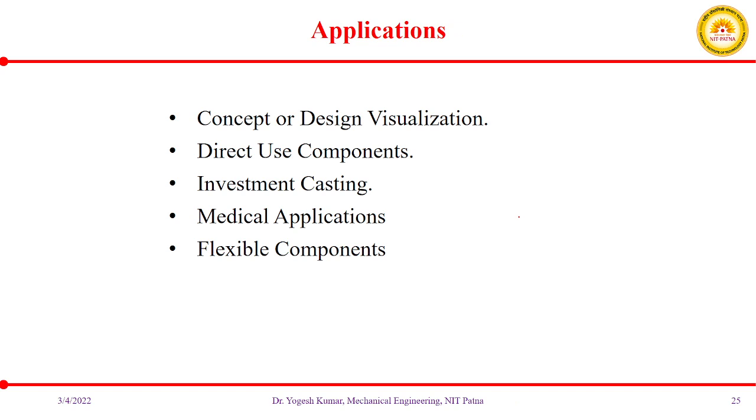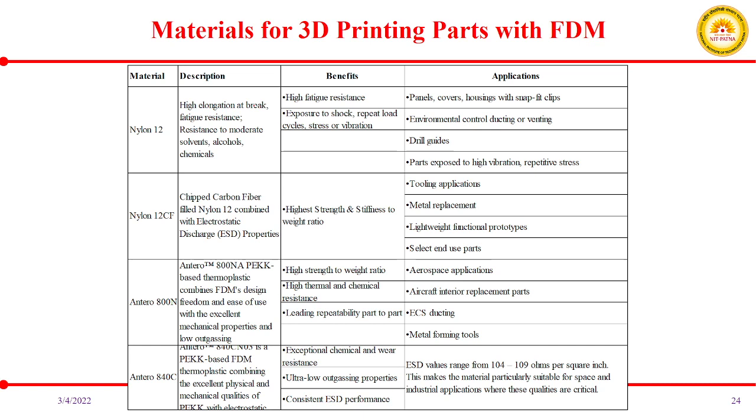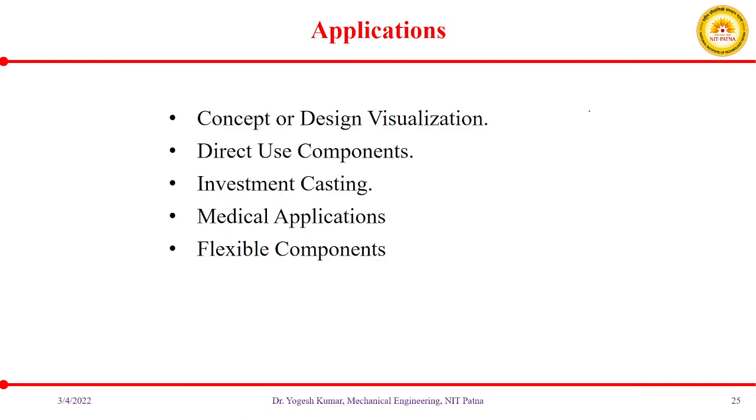Then coming to the application part. Before that, go through these materials and their advantages and application areas very carefully. Now, coming to the applications of parts which can be produced using your FDM: these are used for concept or design visualization.